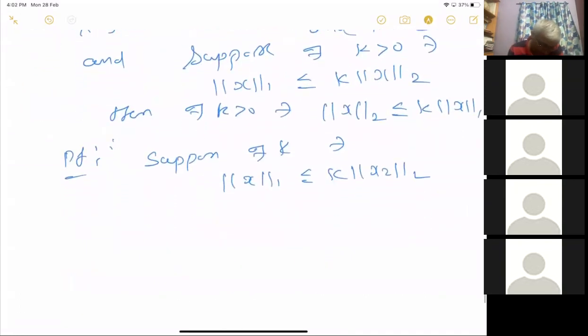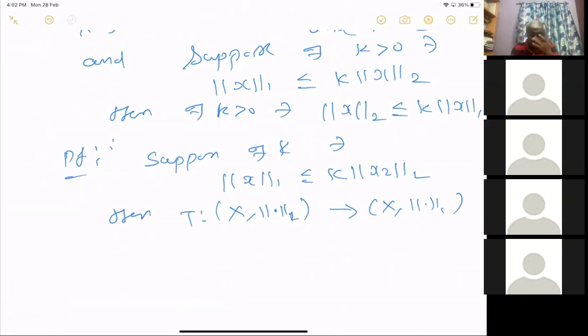Then this map T from X with norm 1 to X with norm 2, this is the identity, so this is continuous.